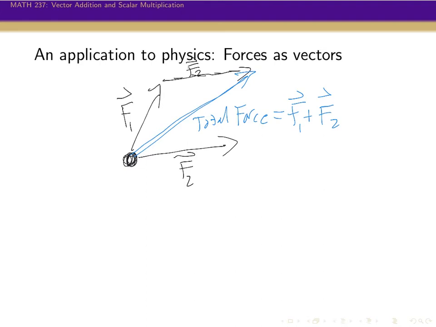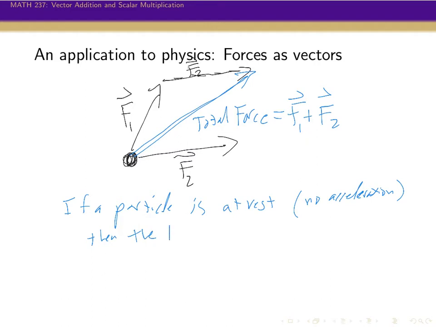And so then another foundational rule, goes back to Newton, is that if a particle or an object is at rest, in fact, it's not just at rest, really it just has no acceleration, so it could be moving, but just not accelerating anywhere, then the total force on it is 0.